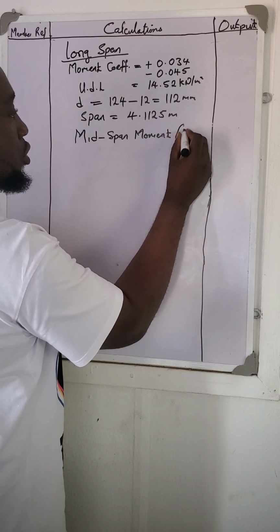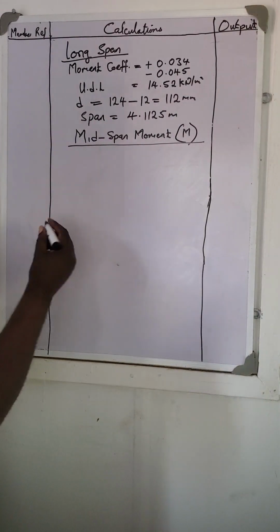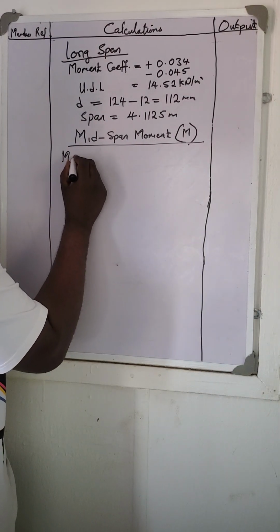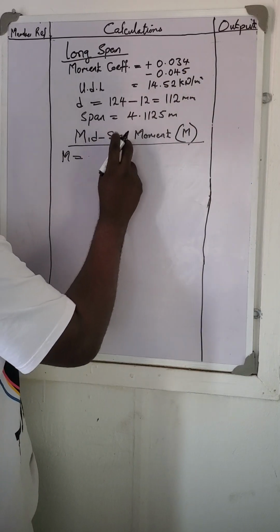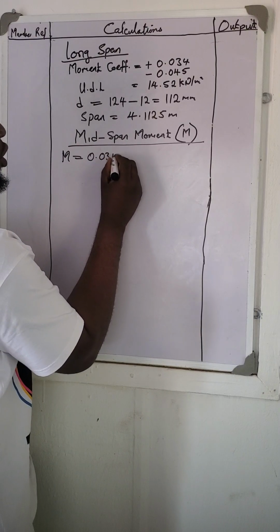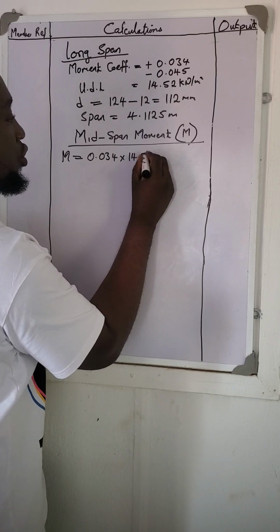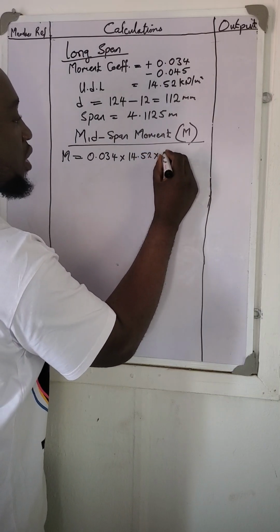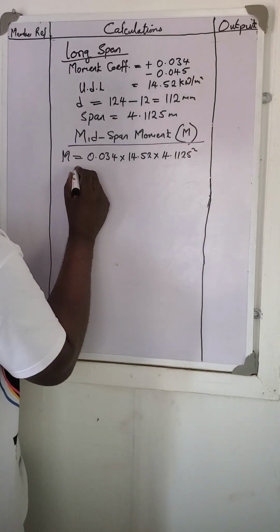The midspan moment M is equal to, talking about midspan, we use the positive coefficient 0.034 multiplied by UDL 14.52 multiplied by the span 4.1125 squared.